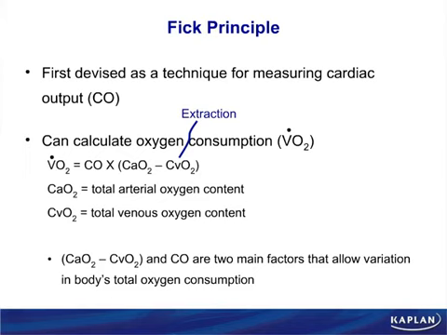The AV-O2 difference, when applied to the organs of the body, represents extraction of oxygen. So, extraction and flow are two main players for total oxygen consumption. More specifically, extraction and cardiac output.